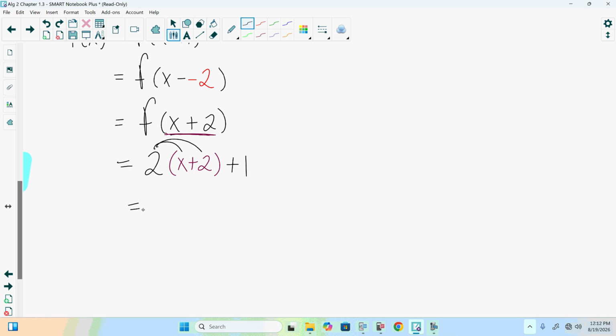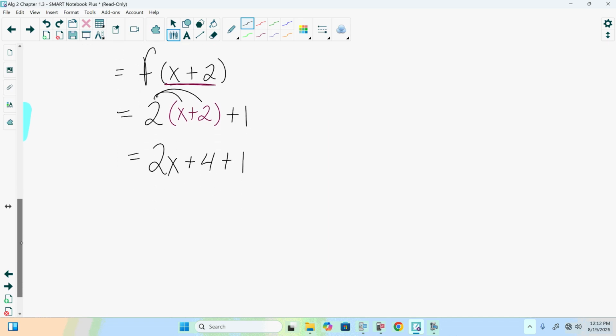We need to simplify this, and we can distribute pretty nicely. 2 times x is 2x. 2 times positive 2 is plus 4, plus 1. Combine our like terms, giving us 2x plus 5.